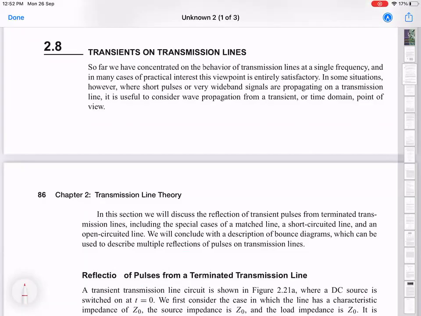Until then, your source is not going to know that the other end is actually a short circuit or an open circuit. Right? Because all of these effective input impedance and everything we have discussed is a steady state picture. Locally in time, it only sees a transmission line with a characteristic impedance Z0, which means there will be no reflected wave created at that instant of time.